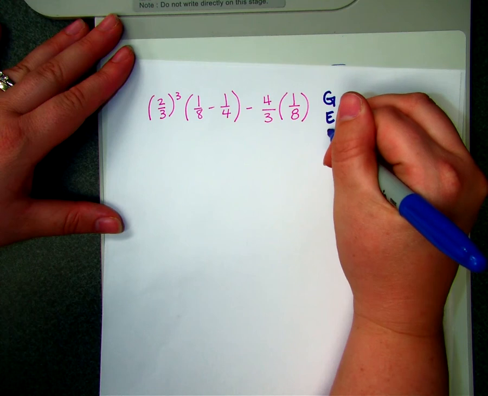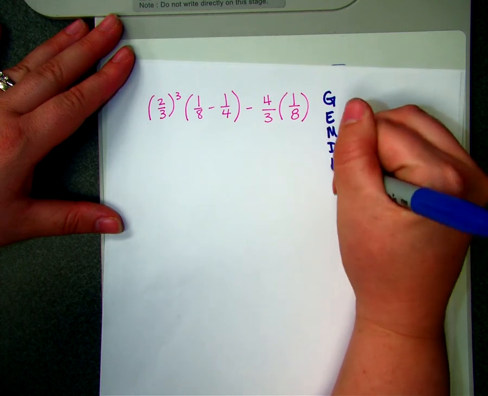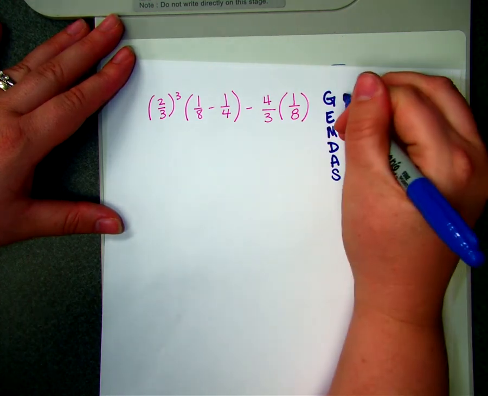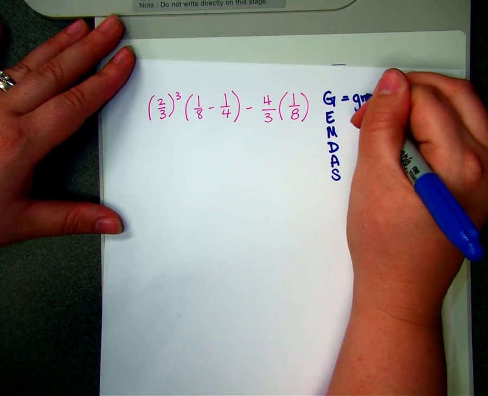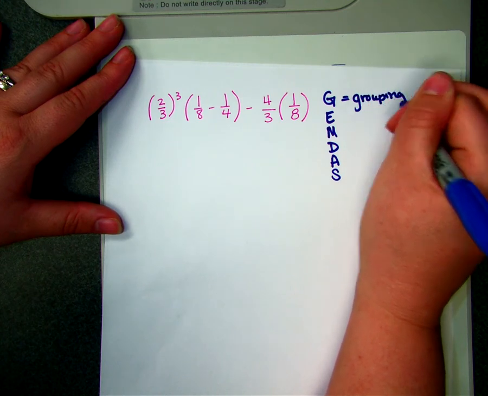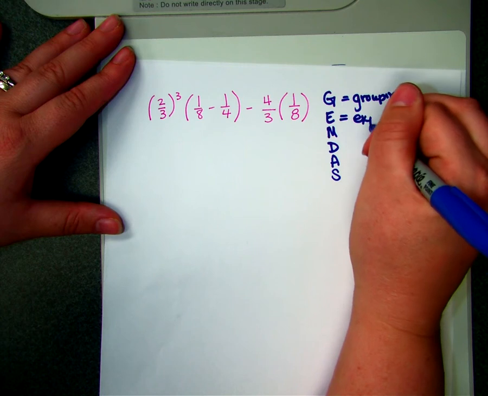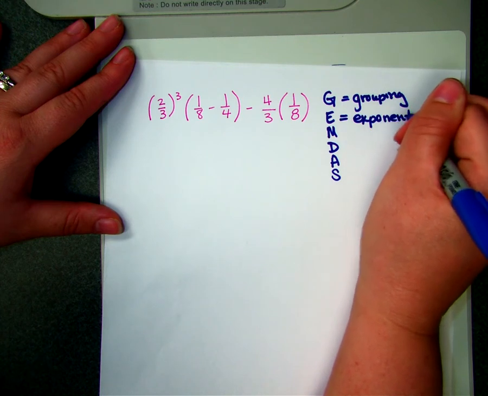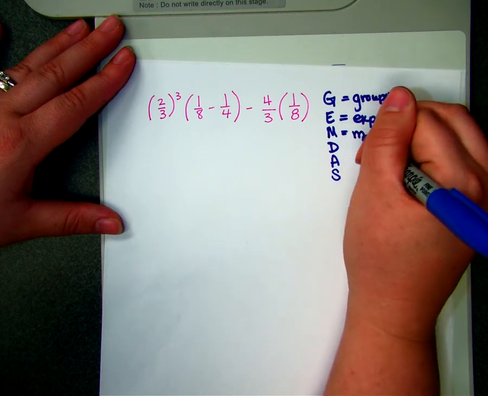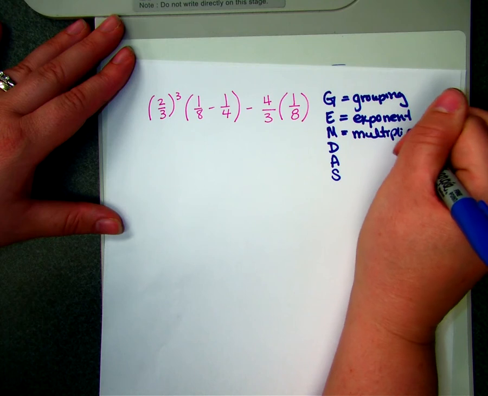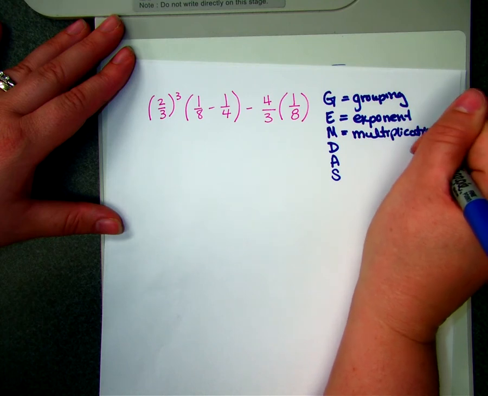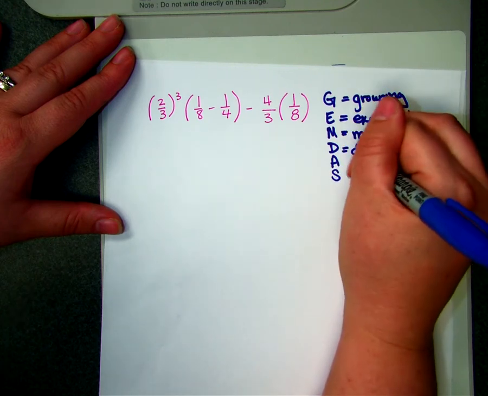So don't forget something called PEMDAS. That is, grouping symbols have to be simplified first, and then anything with an exponent. Next, multiplication or division.